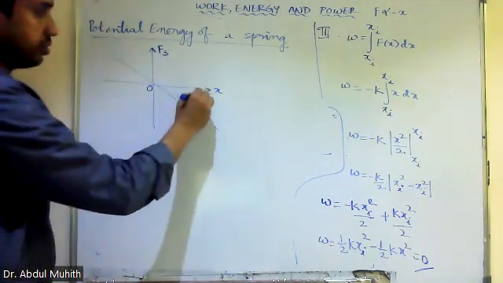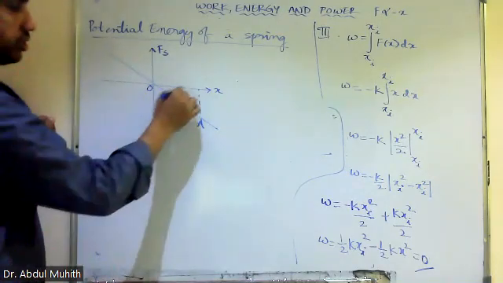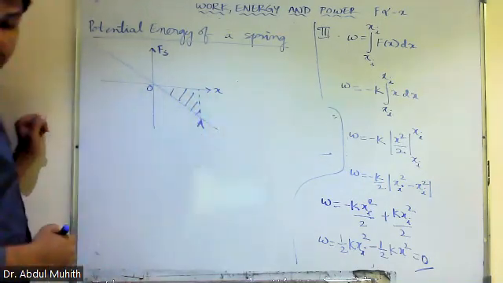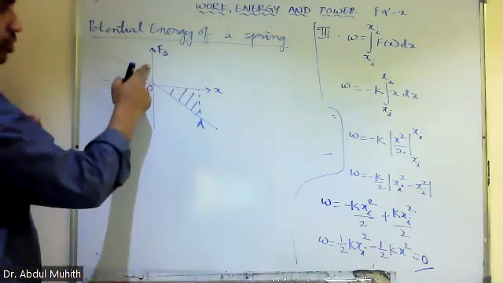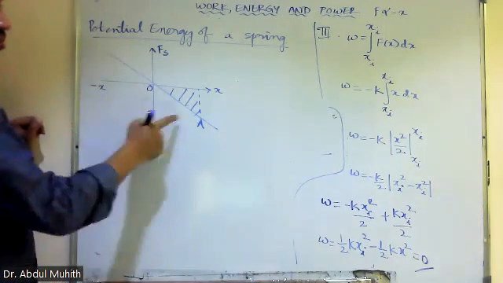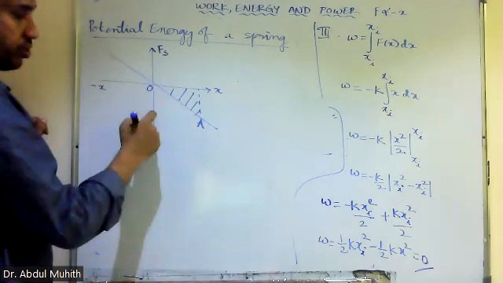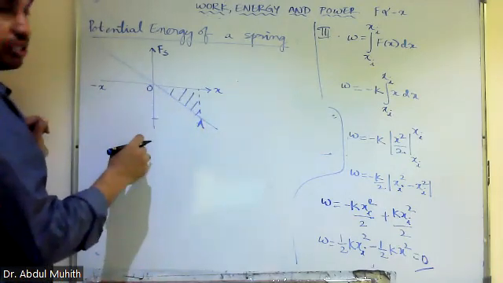So what happens here? This is A. Clear? So what is this? Area under the F-x graph. See, when F is positive, x is negative. See, this is minus x. When F is negative, x is positive. Got it? So both are in opposite direction.